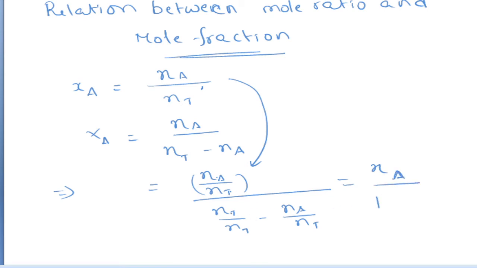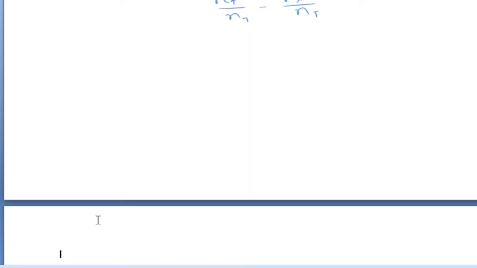Nt by Nt gives rise to 1 minus again Na by Nt, small x. So the relation between mole fraction and mole ratio is like this: mole ratio capital Xa is equal to small xa divided by 1 minus small xa.